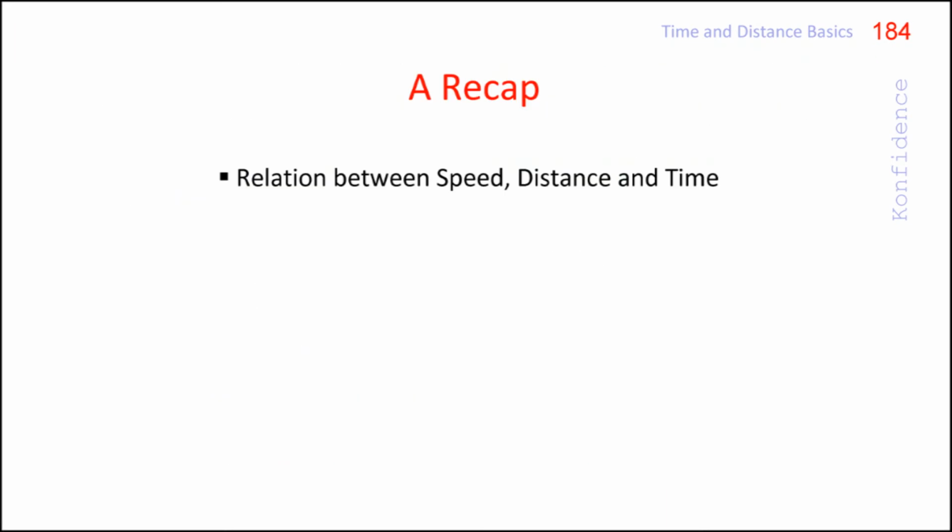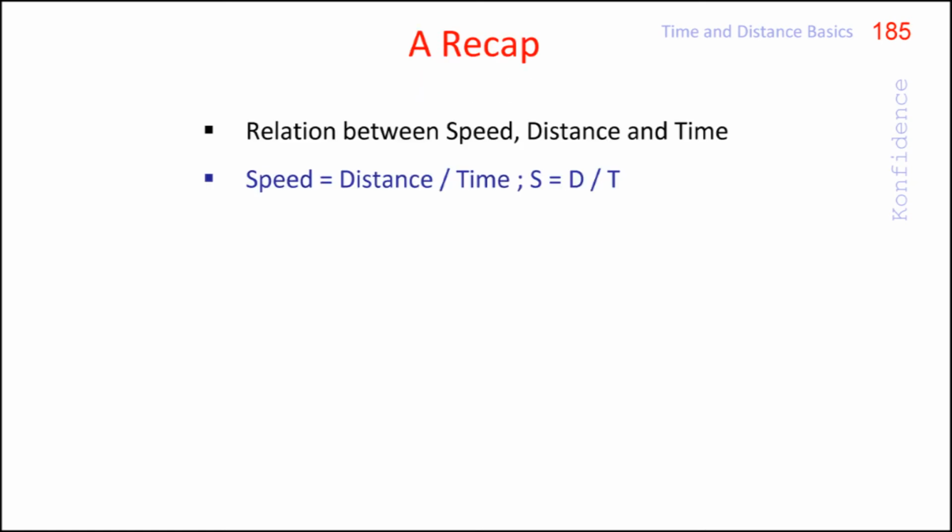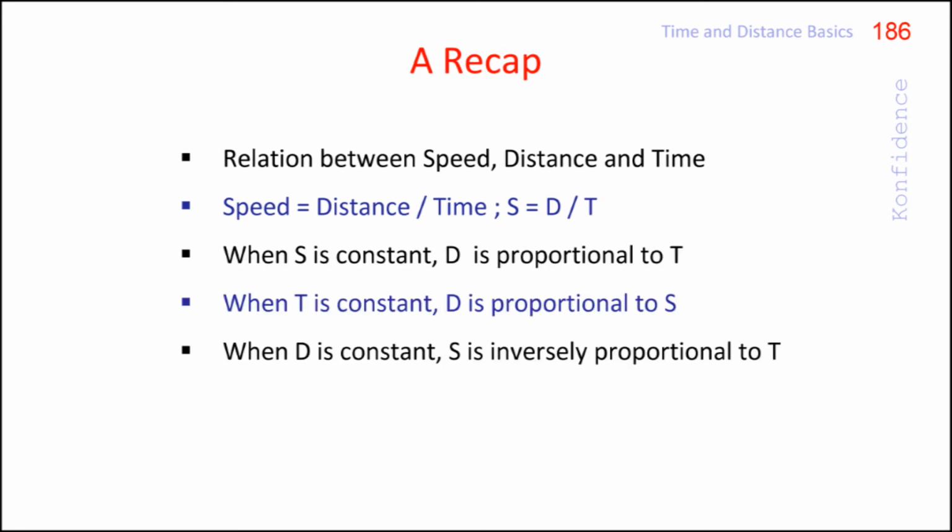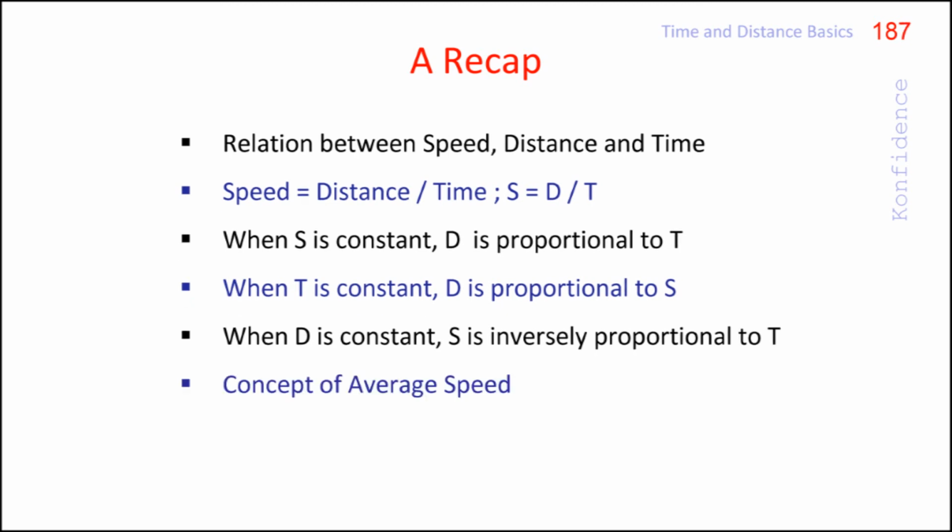During this discussion, we looked at units of distance, time, and speed. We understood the basic relationship between speed, distance, and time, which is speed equals distance by time and its derivatives. We looked at the nuances of each of those relationships, and finally, we looked at the concept of average speed.